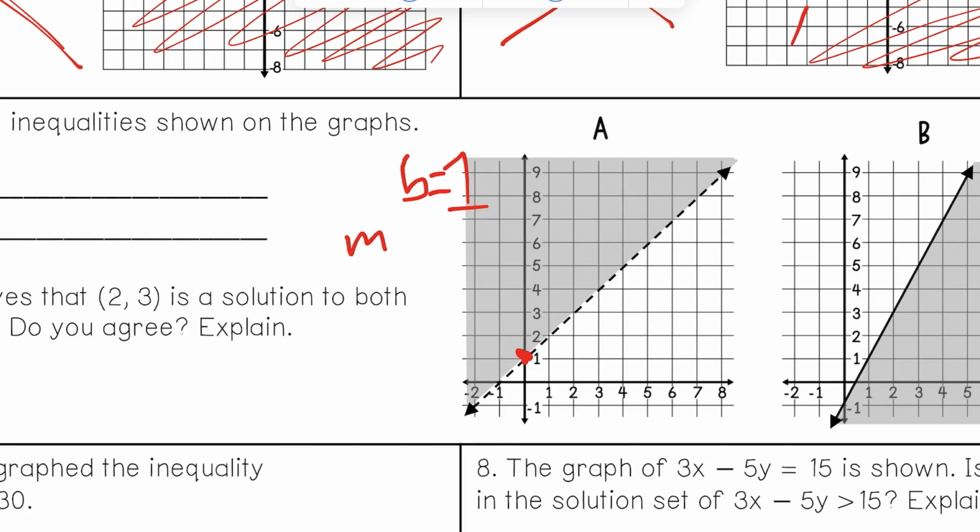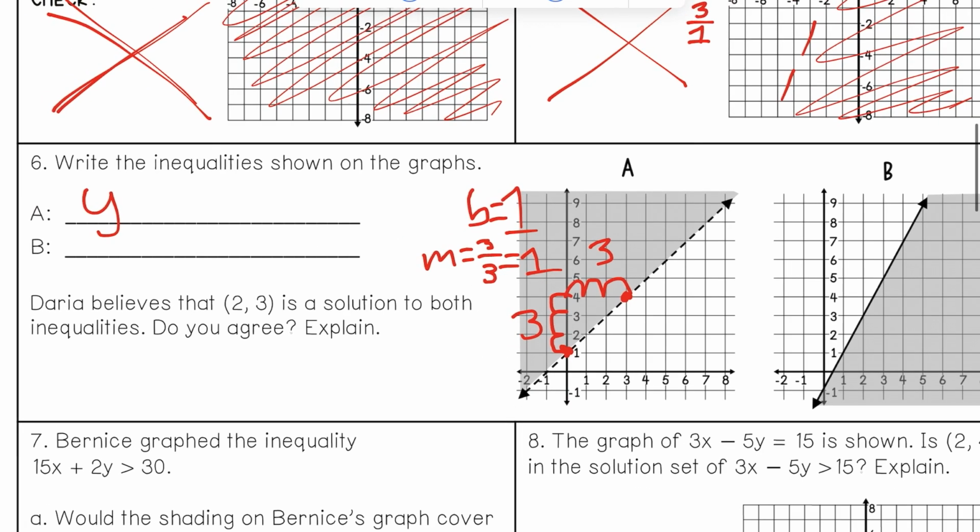And then my m, let's find it. Let's find another clean point. I'm going to use this one here, and I'll rise and run. 1, 2, 3, and 1, 2, 3. So 3 is my rise, and 3 is my run. So it's 3 over 3, which is also equal to 1. So my y, I'm going to leave the sign out right now. We'll come back to that.